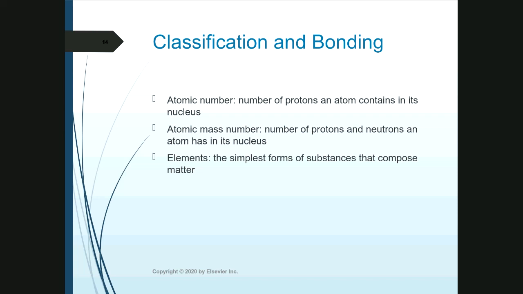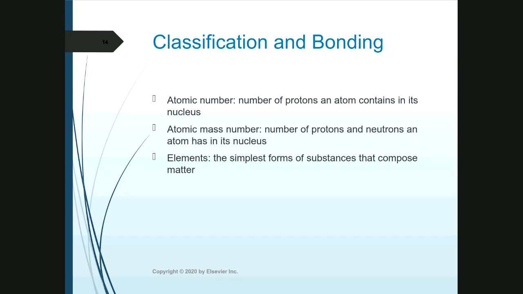It has 110 neutrons. So the atomic mass of tungsten is 184. Truly, it's like 183.84 or something like that, but we can round it off to 184 and just call it that. So 110 neutrons, 74 protons in the nucleus of a tungsten atom.